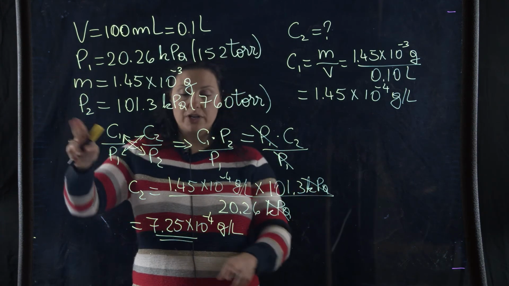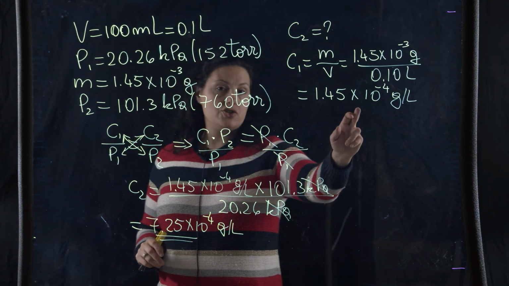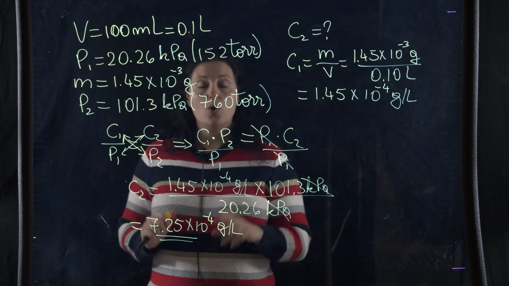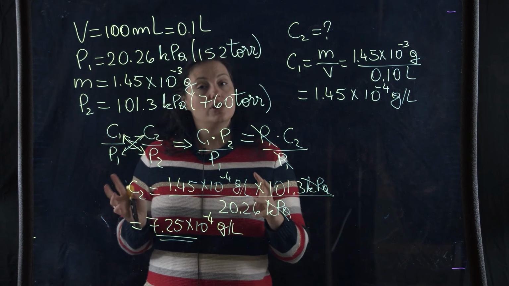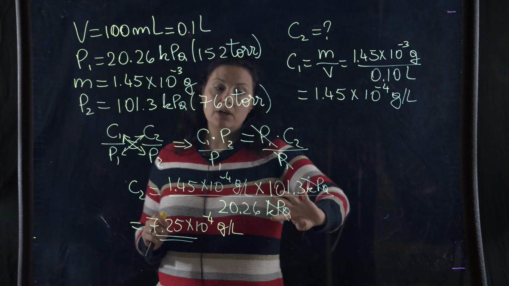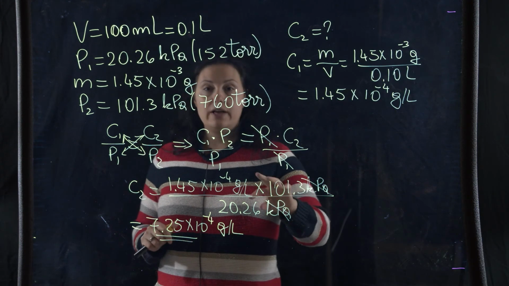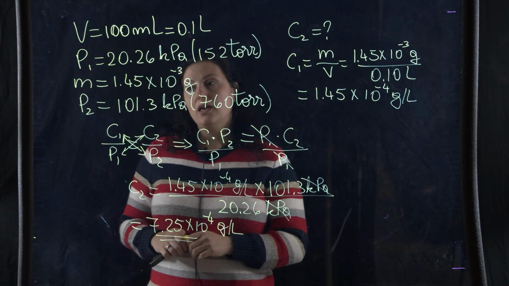I'm increasing the pressure, my concentration is larger than the one that I started with, so I have done the math correctly. Once again, if you follow the logic of the law and you find that you have the wrong number, you probably just have flipped the initial and final pressures around, so just flip them over.